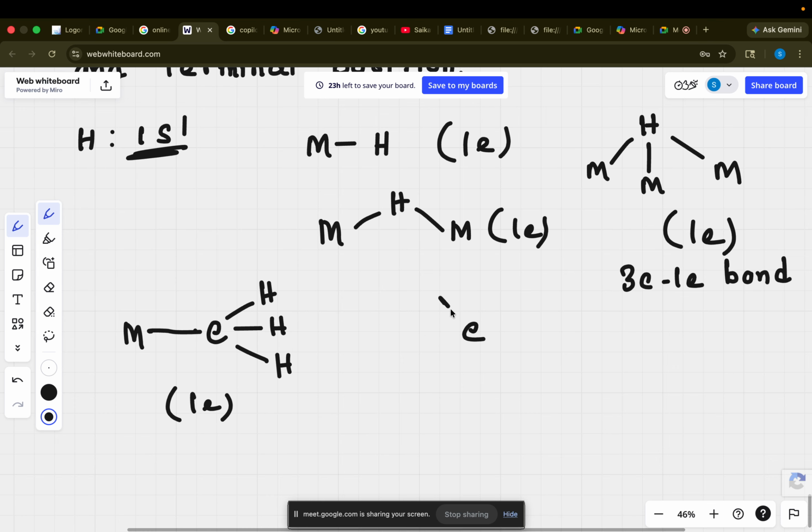Now this CH3 can also attach with 2 metal centers. That time also it will donate 1 electron.